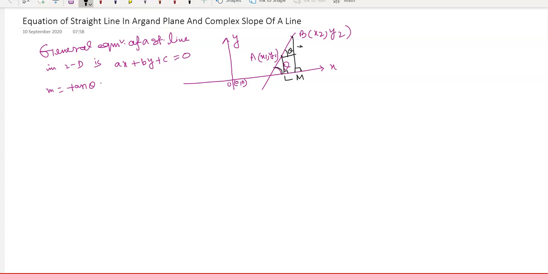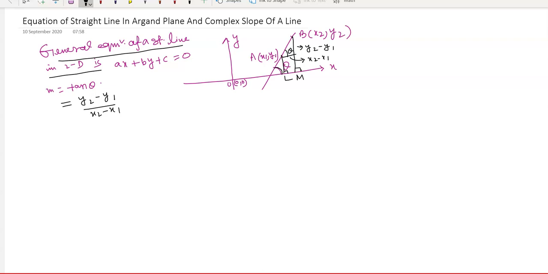This part will be y2 minus y1, this part will be x2 minus x1. So the slope of the line can also be written as y2 minus y1 by x2 minus x1. This is actually the slope of a line passing through two given points. This is in the xy plane. In 2D means in the xy plane.